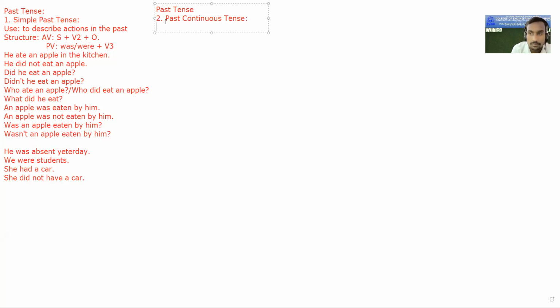All right. As you have studied present continuous, let's think now about past continuous. What is the difference between present continuous and past continuous?